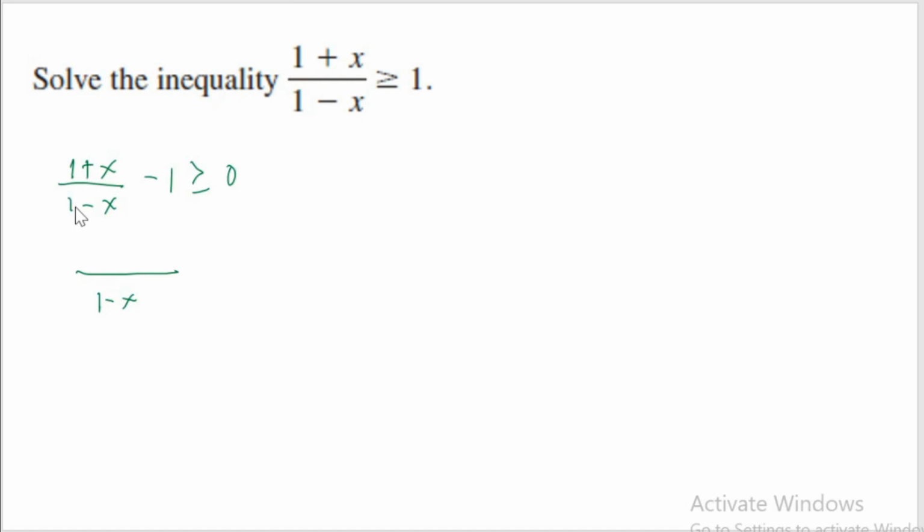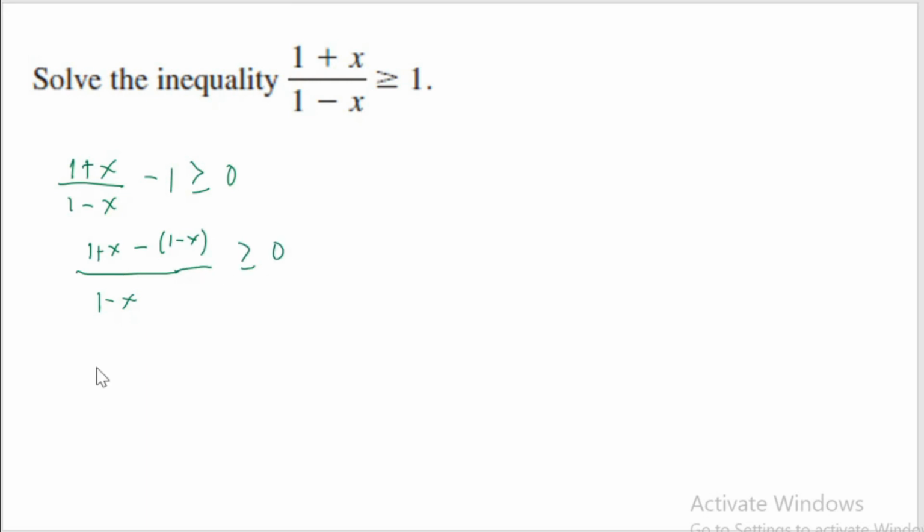So (1 + x)/(1 − x) minus 1 is now 1 plus x, minus 1 minus x times 1, over 1 minus x, greater than or equal to 0.